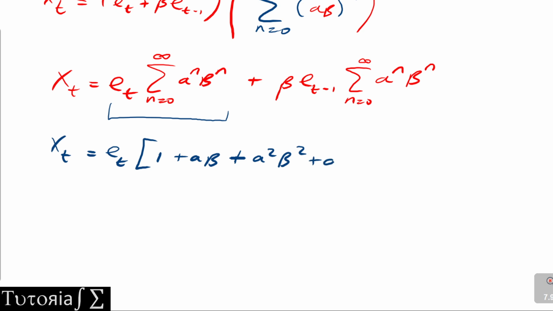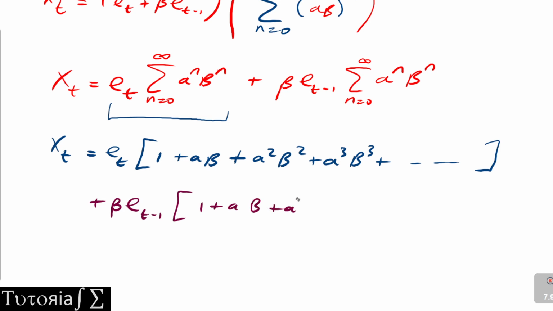When n is 3, a to the power 3, b to the power 3, and so on and so forth. The same applies on the other part: plus beta et minus 1, then we expand this, that will be 1 plus ab plus a2 b2 plus a3 b3, and so on and so forth.